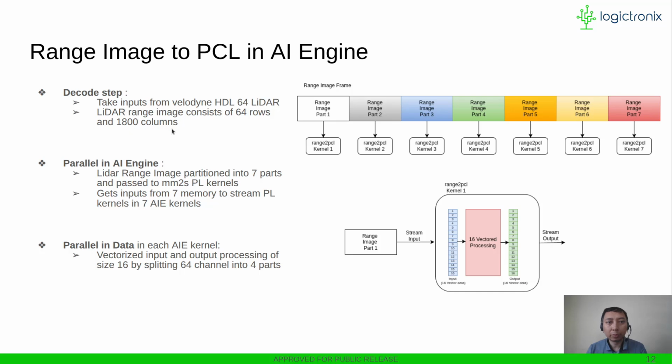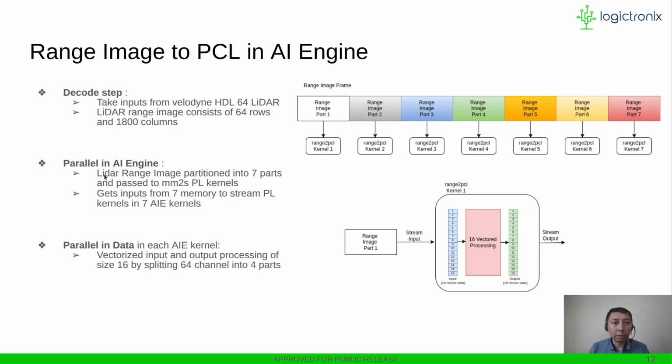The first level of parallelization in the AI engine is done by partitioning the data into multiple chunks, and this is called parallel computation in the AI engine.